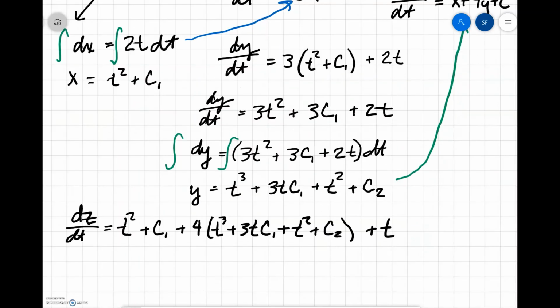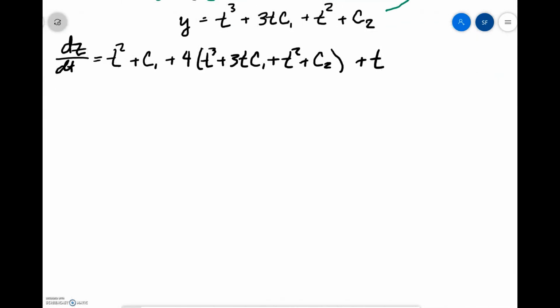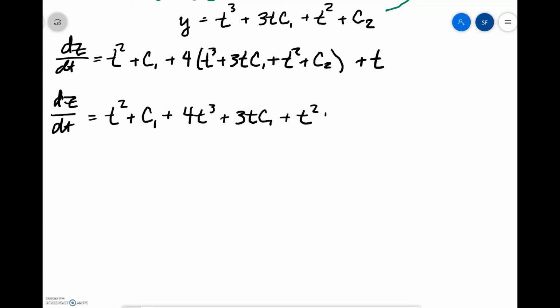Okay, let me mess with that now. I'm going to distribute that in just to make it nicer. And it looks like we can combine some things. I'm going to combine this t squared and this t squared.